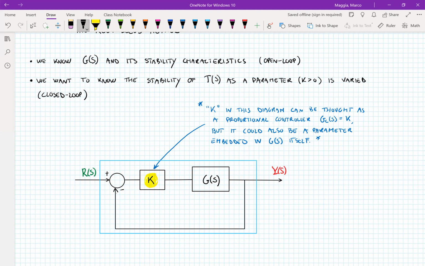For convenience here, we're assuming that K is greater or equal to 0. Equal to 0 wouldn't really make sense, but let's just assume that. Obviously, for different values of K, we'll have different characteristics for the closed loop poles.